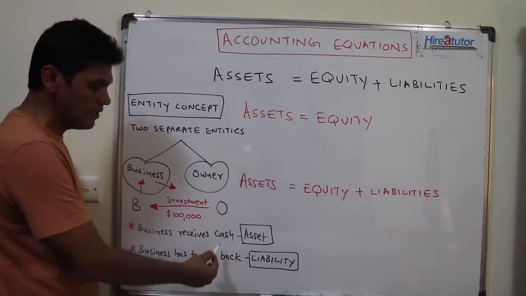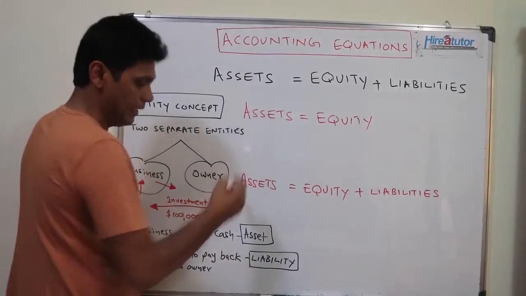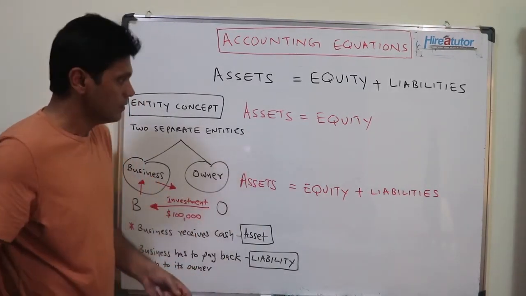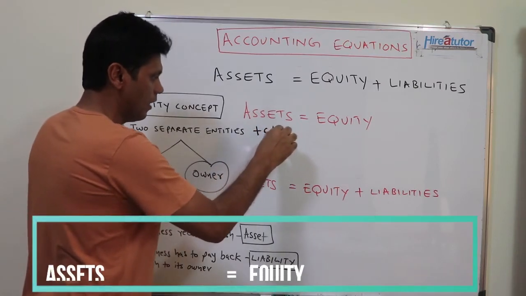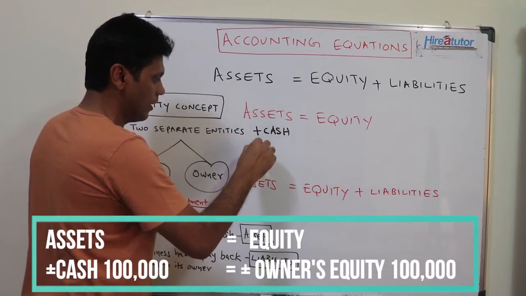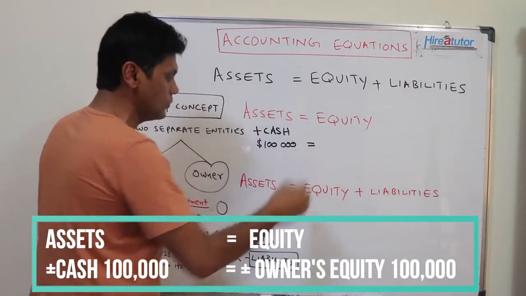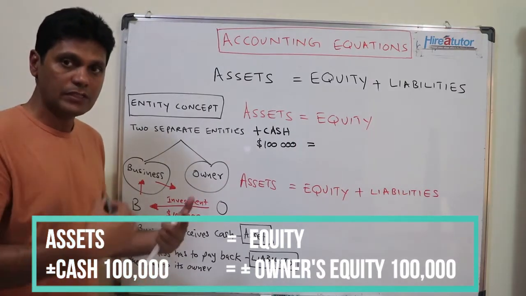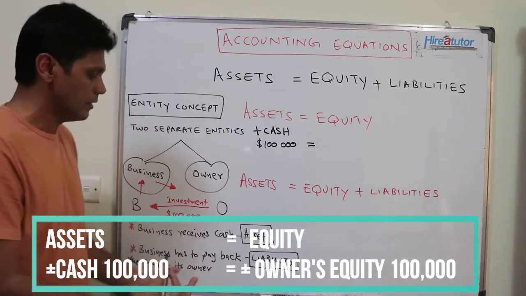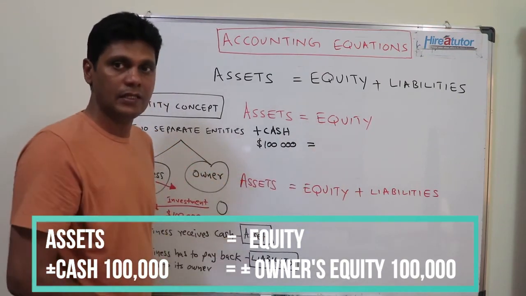When the business receives cash of $100,000, the cash of the business will increase by 100,000. And it also creates a liability. It owes a liability towards the owner. The liability towards the owner is known as the equity.